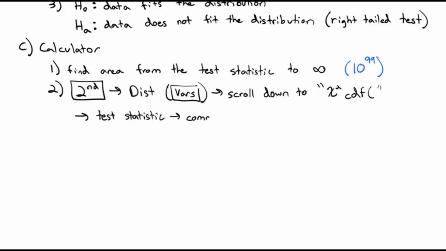Then you'll do a comma. Then you will do the infinity, which is 10 raised to the 99th power. Then you will do a comma, and then you'll type in the degrees of freedom. We'll see this process work out when we do our example now.